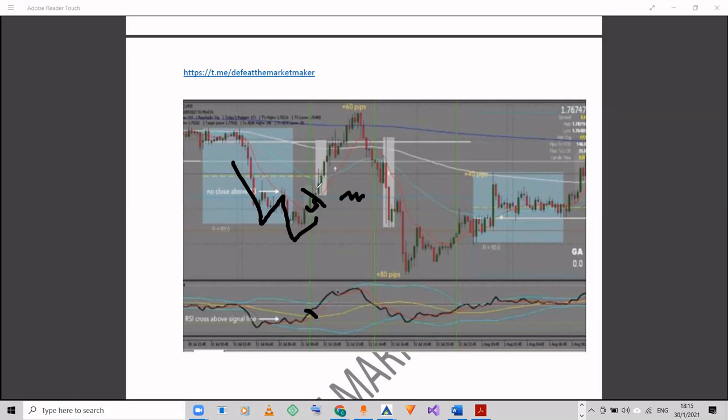So if you are really able, guys, to spot out these patterns, you just need to get ready to get paid. I promise you, you just need to get ready to get paid.